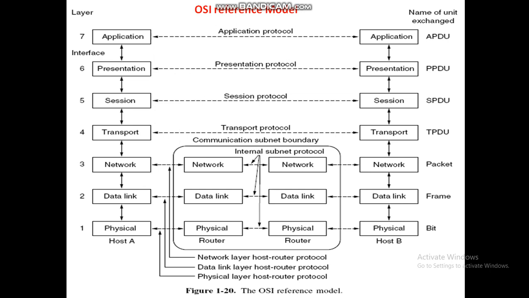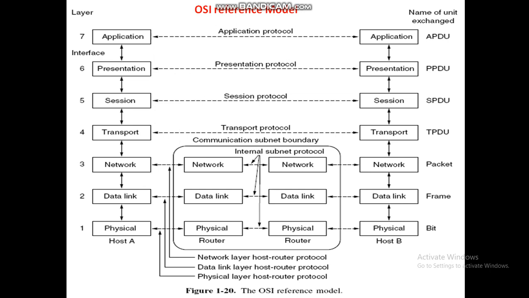We can here see the 7 layers of the OSI reference model. Layer number 1 is the physical layer, and layer number 7 is the application layer. This numbering and the order of the layers have importance, which is why it is known as a hierarchical layered architecture.